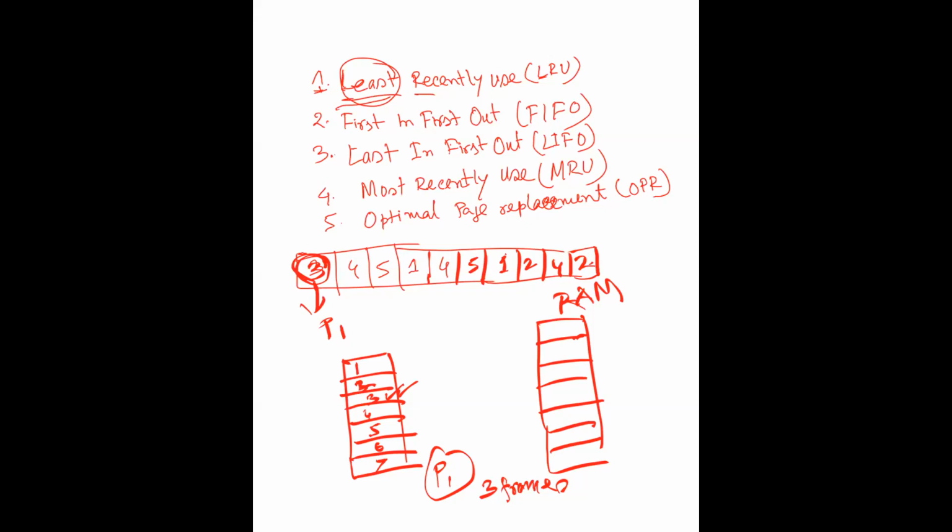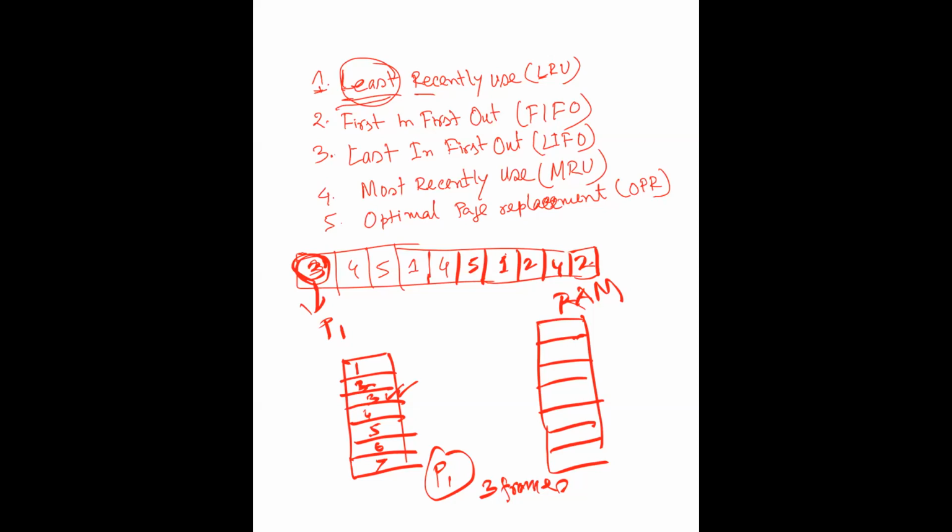One more thing: how do you decide whether a page replacement algorithm is better than others? The page replacement algorithm that minimizes the number of page faults is referred to as the better page replacement algorithm.